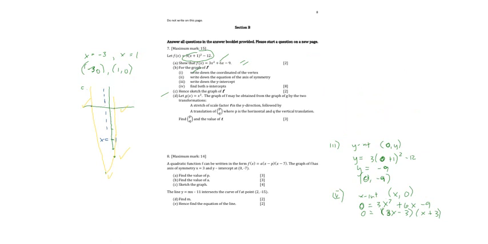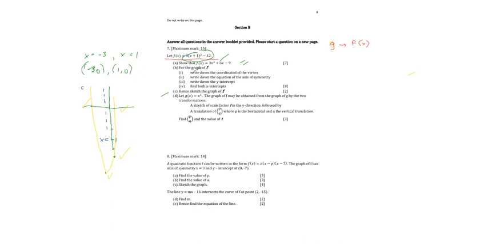Let g of x equals x squared. The graph of f may be obtained from the graph of g by a transformation. So it is saying that we started from g, and we come up with f of x, which is this.